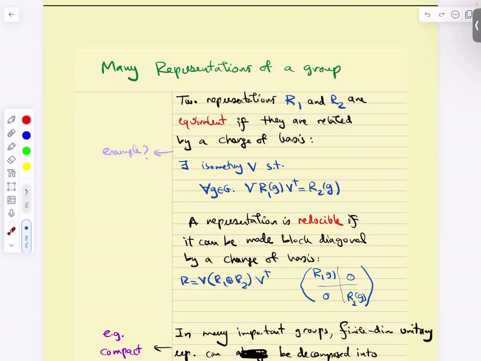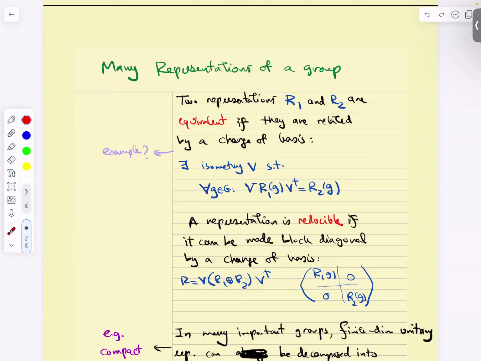A representation is called reducible if it can be made block diagonal by a change of basis, meaning that a representation is reducible if it is unitarily, or isometrically, let's call it unitarily for now, equivalent to a block diagonal representation.